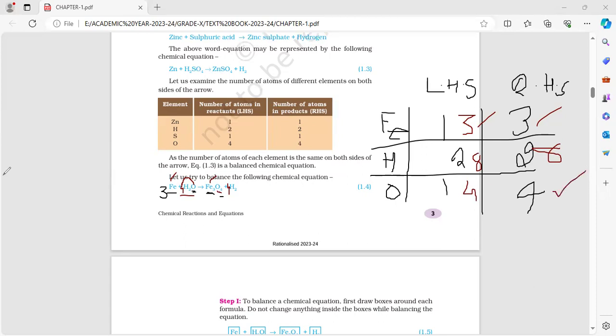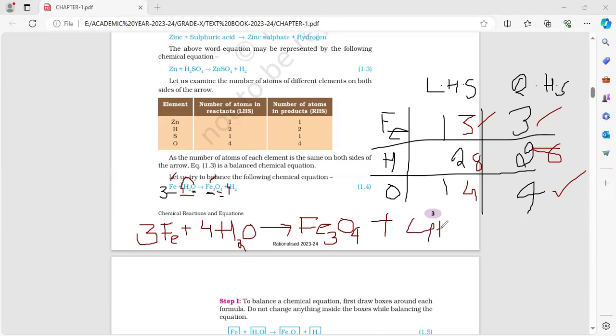So what will be the final balanced chemical equation? 3Fe plus 4H2O gives rise to Fe3O4, ferric oxide, because when iron is exposed to water or moisture, it forms a layer of ferric oxide, plus 4H2. This is the final balanced chemical equation.